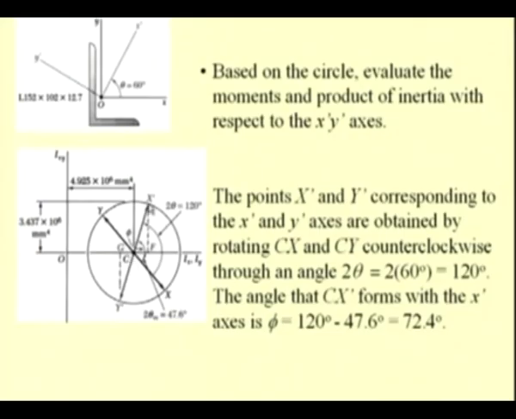Now, by measuring graphically the value of OF, which is nothing but the projection of this point X prime on the X axis, and the projection of this point Y prime on the axis is G. So, we can measure these values of OF and OG, which will give the second moments of inertia, and we can measure this height, that is X prime F or Y prime G, which is nothing but the product of inertia, that is Ixy.